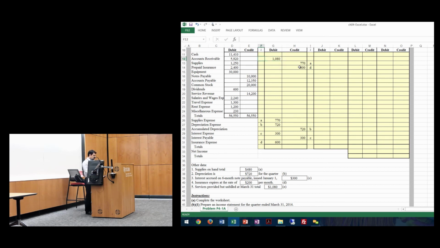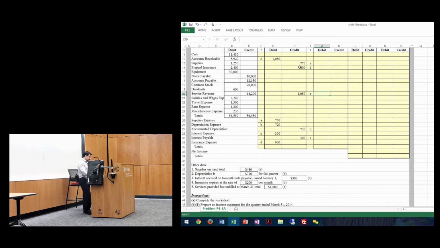And then you have to recognize unearned revenues. Or is it service revenues? Which one? Service revenues. So you credited 1,080, right? And that was E. Okay?